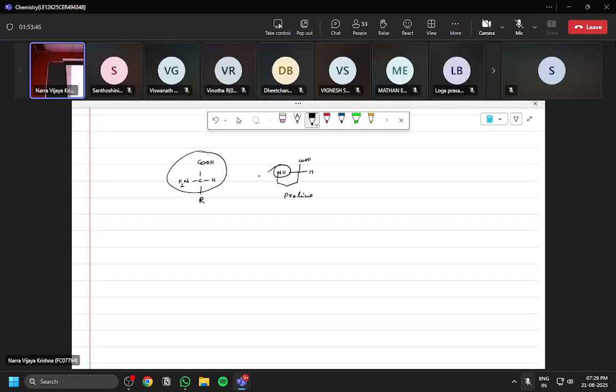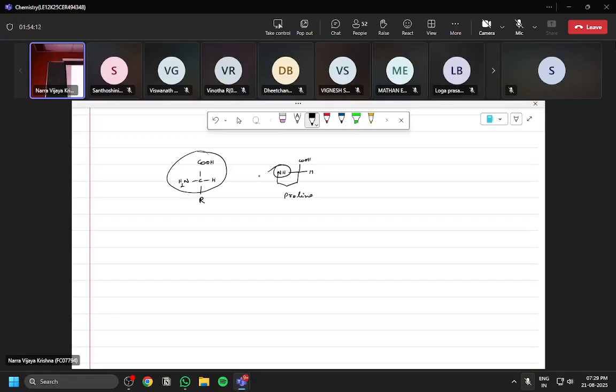If it is secondary butyl, isoleucine. Now, if it has 3 carbons followed by an NH and a carbon double bond NH and NH2, arginine. If you have a 4 carbon chain and an NH2, lysine. Arginine and lysine, both are basic.